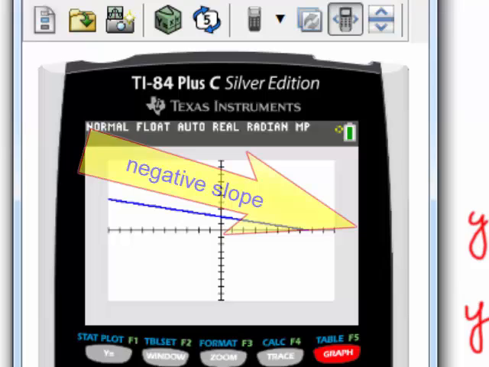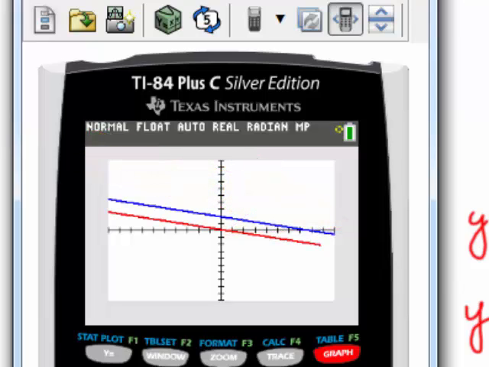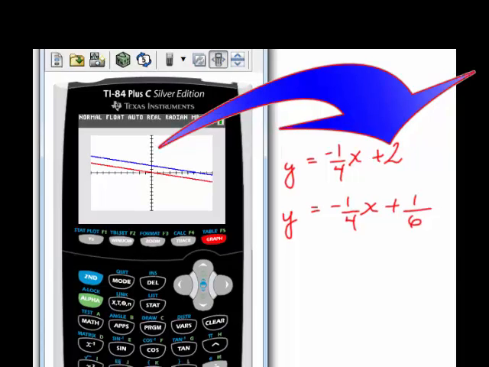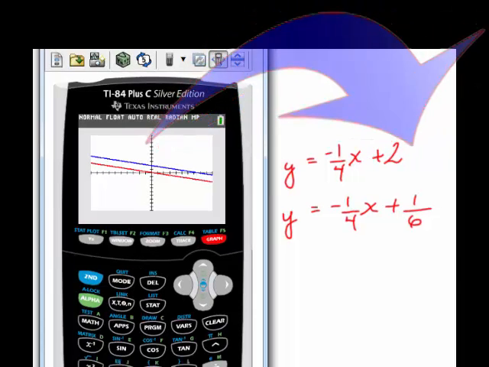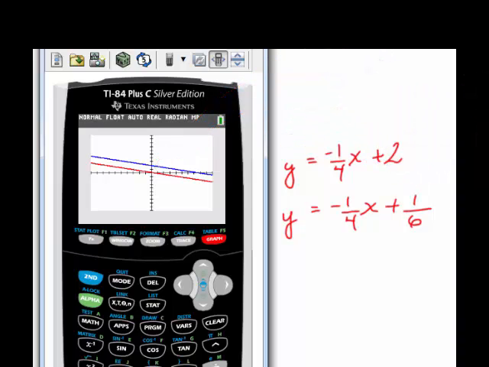You see that line going down, down, down, down? And the second line, yes, sure enough, this is no solution. They do not have a point in common. The first line does cross the y-axis at 2, and the second line, you can't really tell, but it does cross at 1/6. They both have a negative slope.